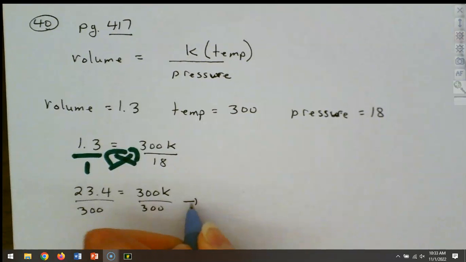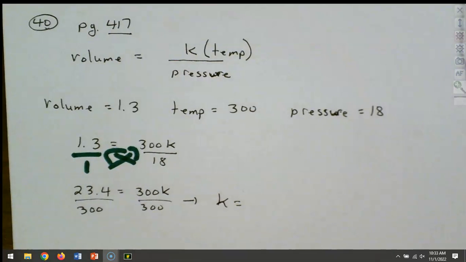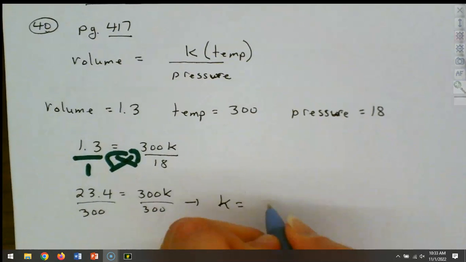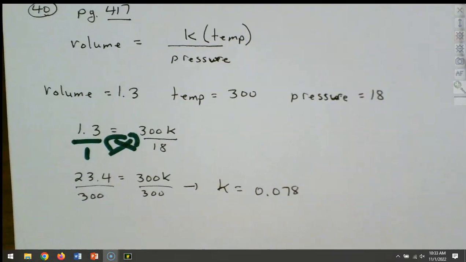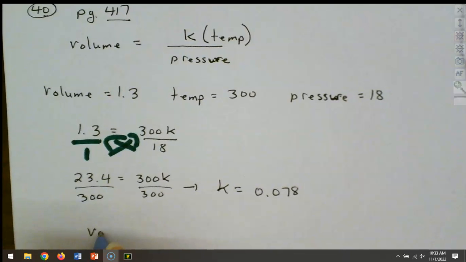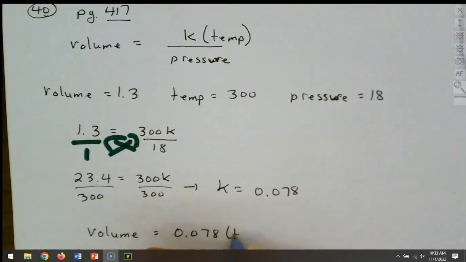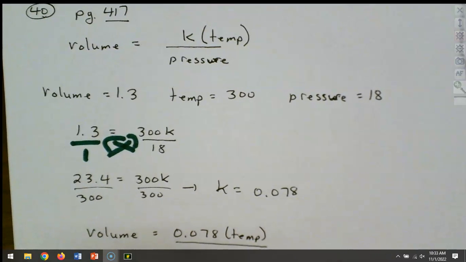And what does K now come out to give you? 23.4, divide that by our 300, and that gives you a K of 0.078. Write up our formula. So volume now is going to equal 0.078 times the temperature divided by the pressure.